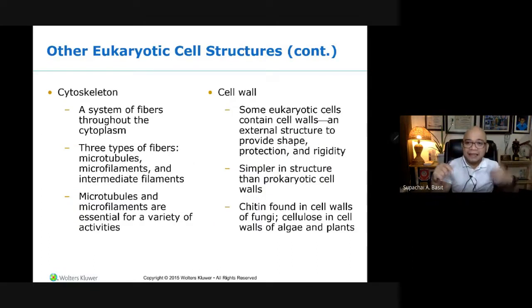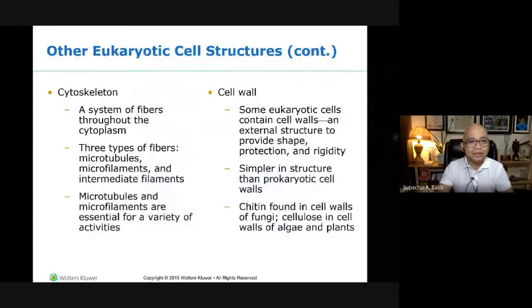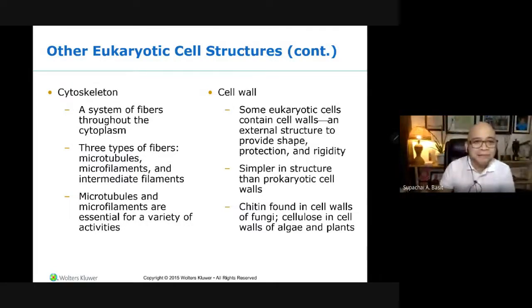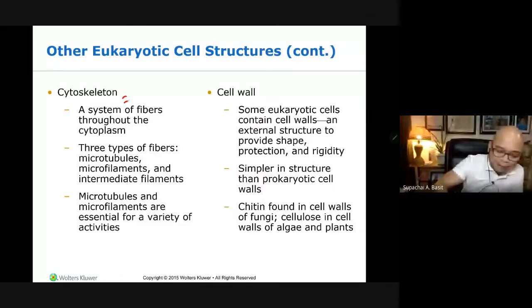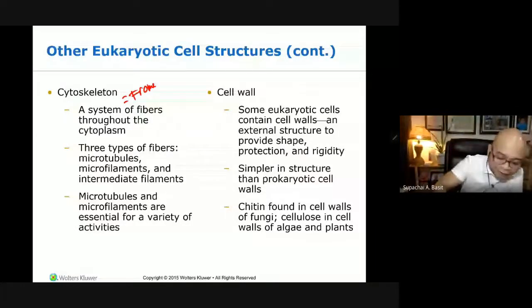And then the cytoskeleton is another structure found in the eukaryotic cell, and it is a system of fibers throughout the cytoplasm. It serves as an important framework for the cell.